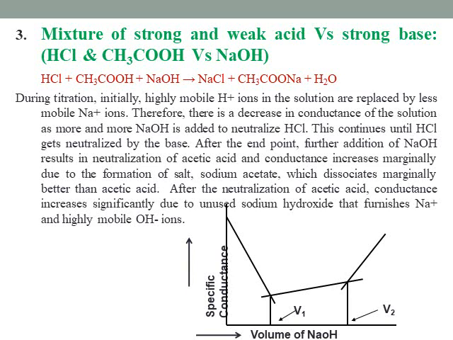Once all the H plus from HCl is consumed by the sodium hydroxide and you add more to the acid mixture, acetic acid is what remains after the first end point.